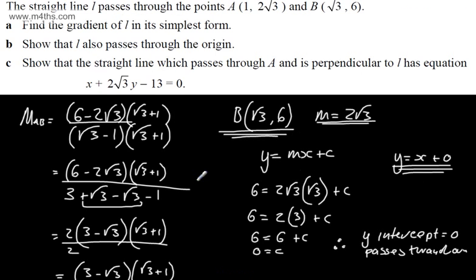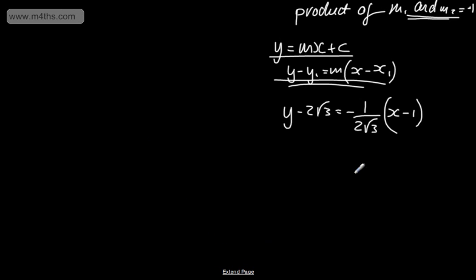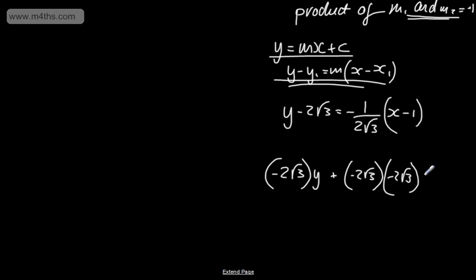We need to put it in this particular form. So at this stage I'm going to multiply both sides of the equation by -2 root 3. That's going to give me -2 root 3 multiplied by y. Then I'm going to have the -2 root 3 multiplied by the -1 over 2 root 3, and that will simply be equal to x minus 1.